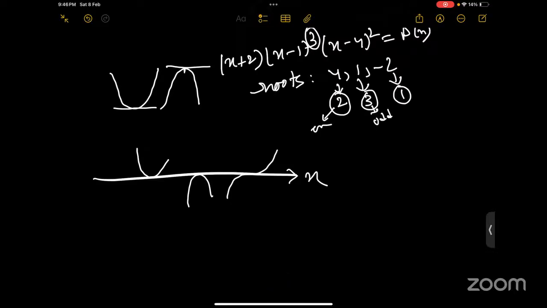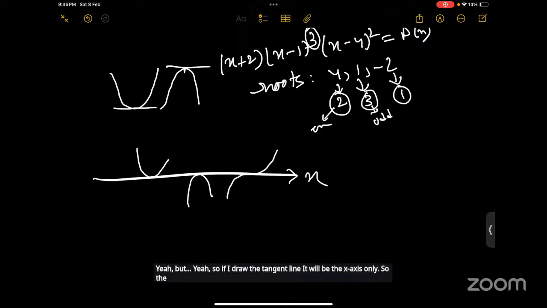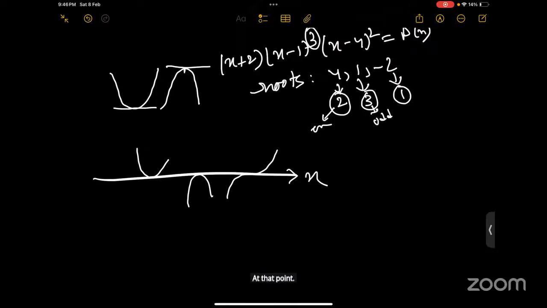If it is odd, then it crosses the x-axis, but if I draw the tangent line, it will be the x-axis only. So the x-axis is the tangent at that point. A tangent can cut the graph, there is no issue in it. Okay. Is it fine? Yeah, fine. Thank you.